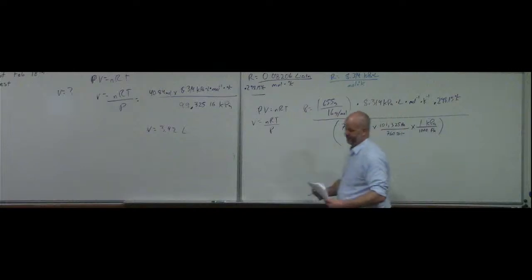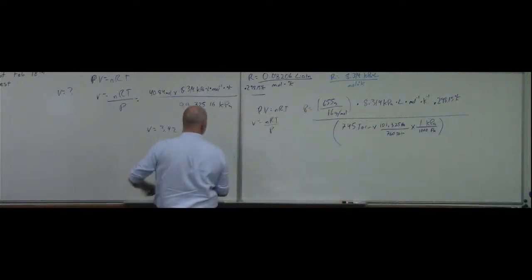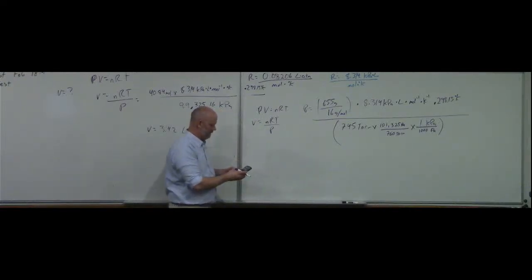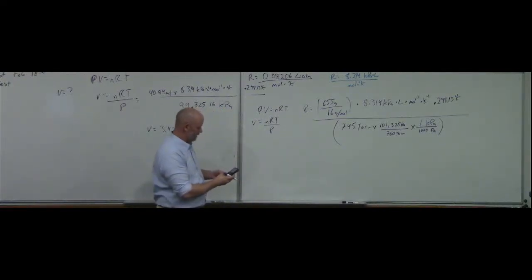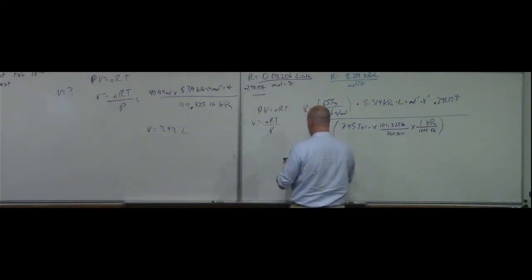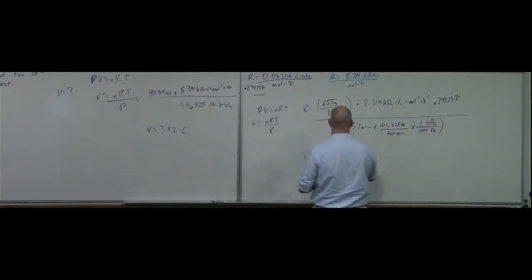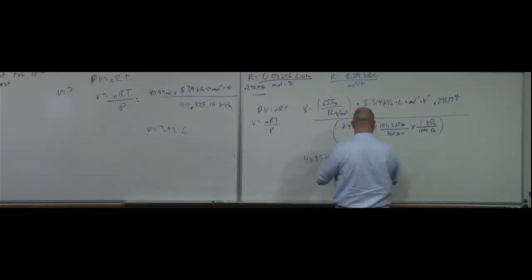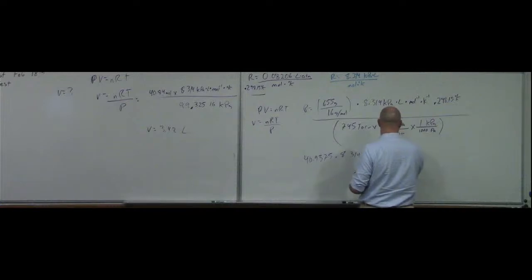It's a lot of math, so we'll take it stepwise and check ourselves. 655 divided by 16 is 40.9375 times 8.314 times 298.15. I'm ignoring all my labels, we know what those are up above.